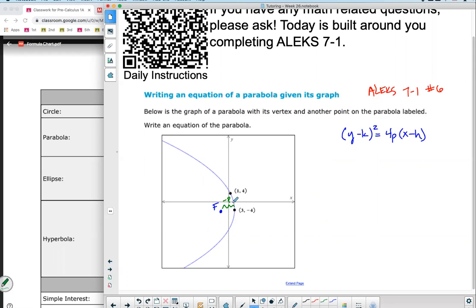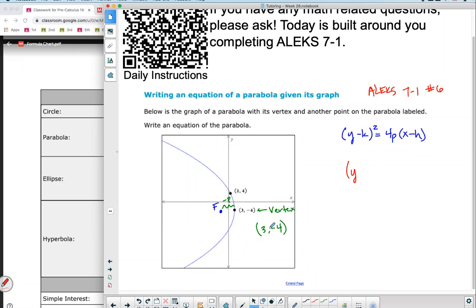But how do I solve this problem? The first thing I do is identify the vertex. The vertex in my particular problem is listed at (3, -4). I can plug the vertex into my equation first. Remember, it's a lie here, that's why it says minus k on the formula chart.